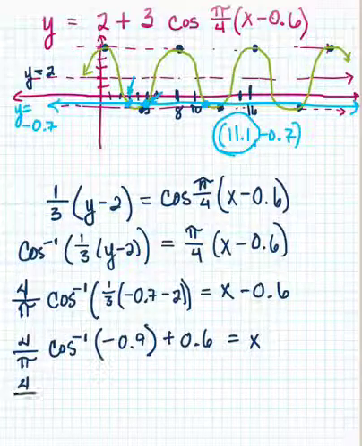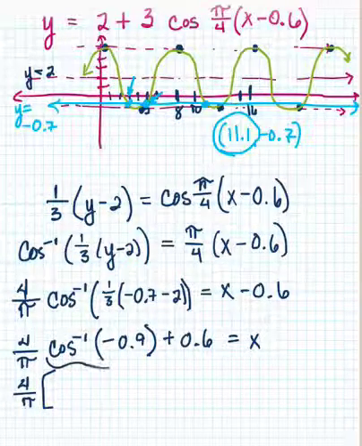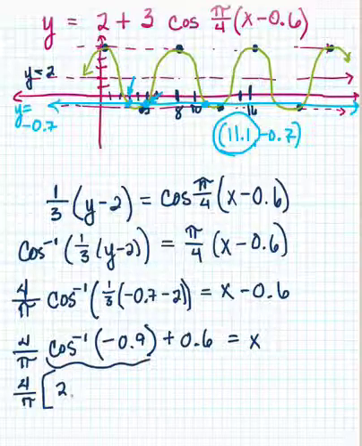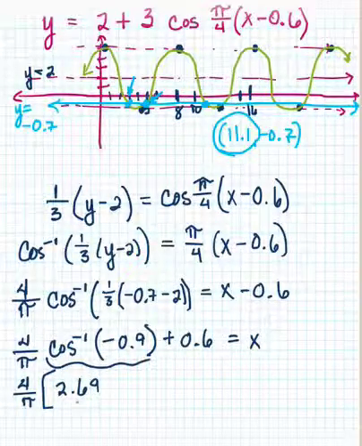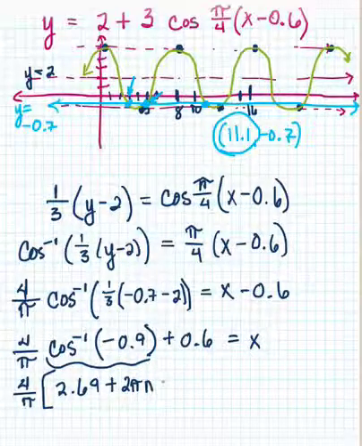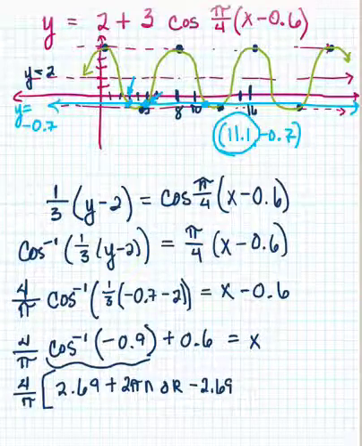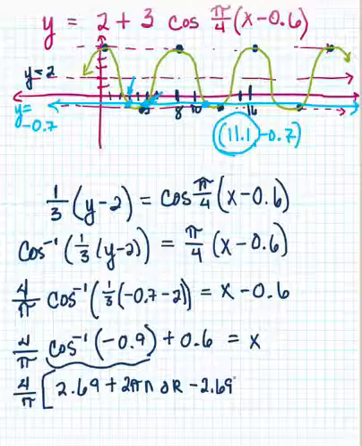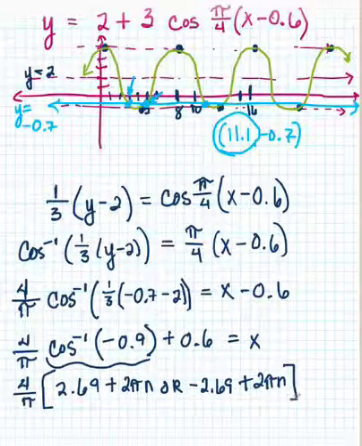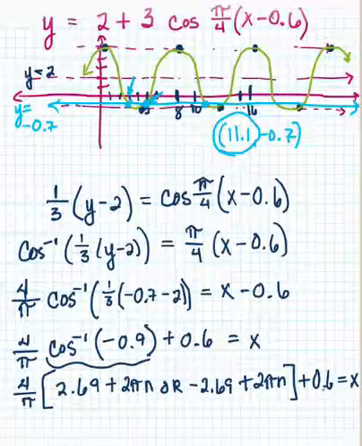So this is going to be 4 over pi times 2.69 plus 2 pi n, or negative 2.69, an arc length, plus 2 pi n, plus 0.6 equals x.